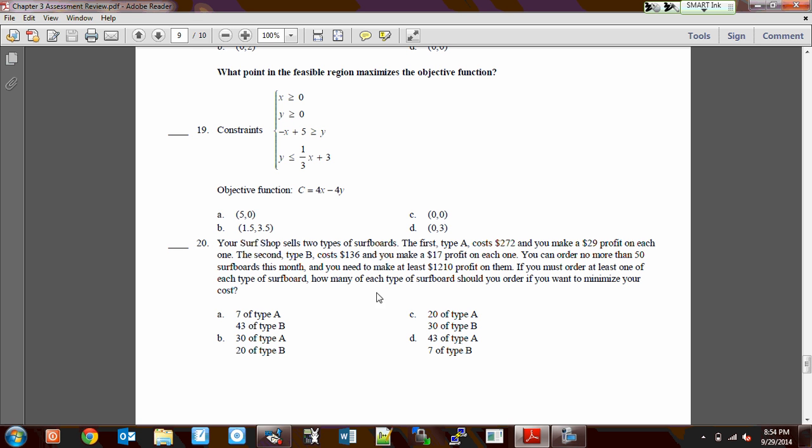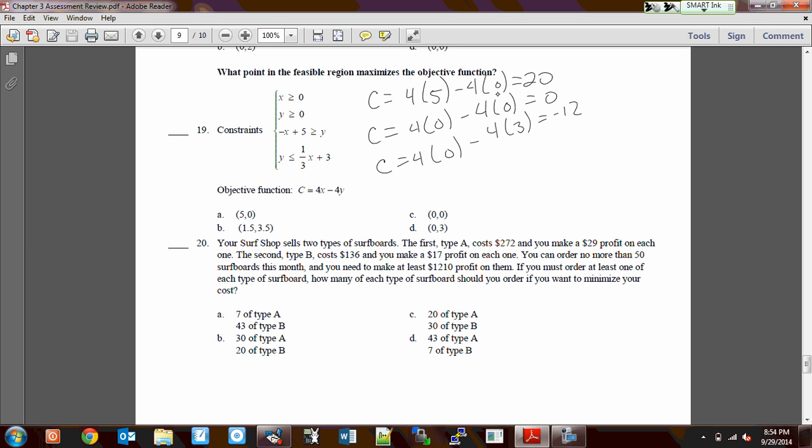So now we're going to plug these into here and see which one gives us the largest value. So cost equals 4 times 5 minus 4 times 0, which is 20. Cost equals 4 times 0 minus 4 times 0, which is nothing. C equals 4 times 0 minus 4 times 3, which is negative 12.